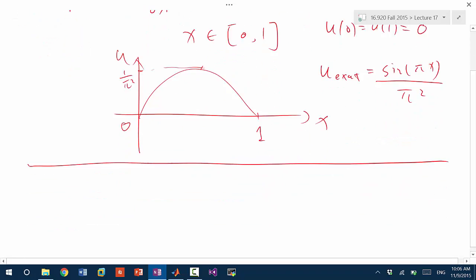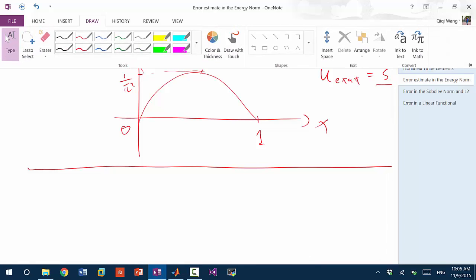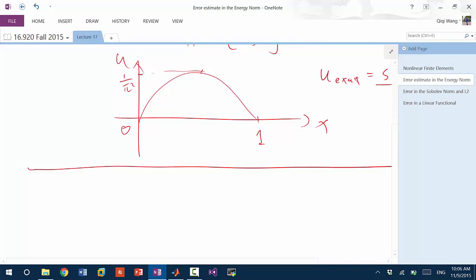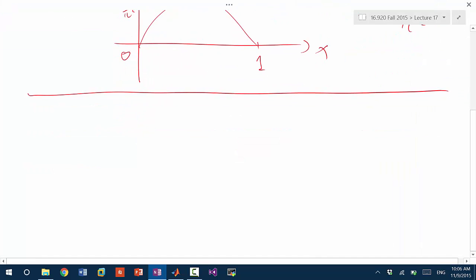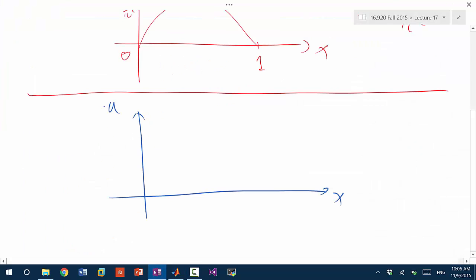The first thing I want to tell you is that the error we just saw, 10 to the minus 16, is actually not the error of finite elements. Because what we have just been doing with 2 elements, so x is 0, 0.5 and 1.